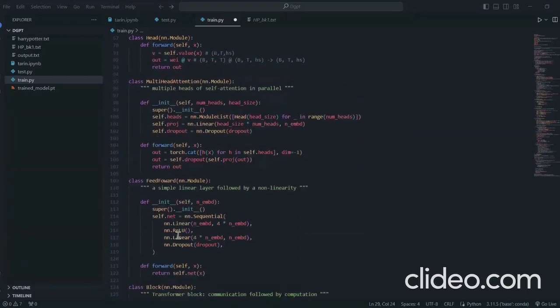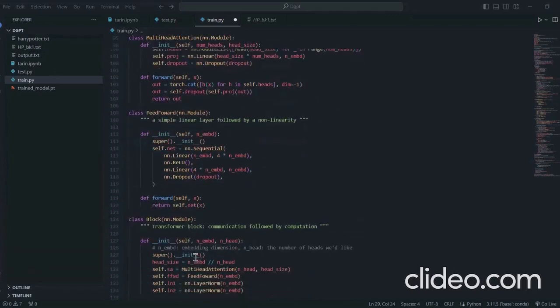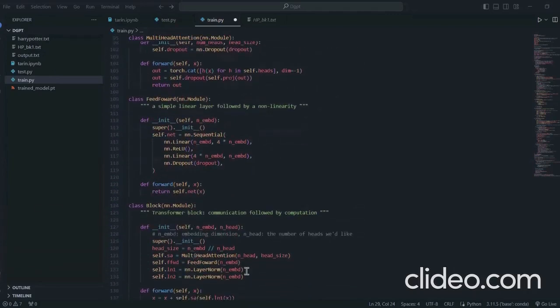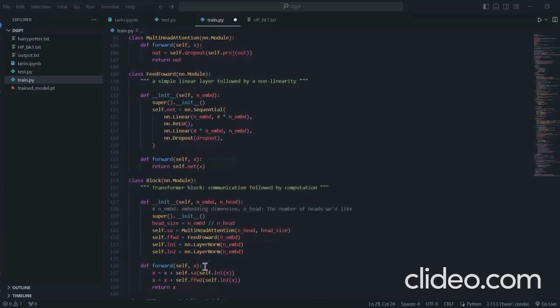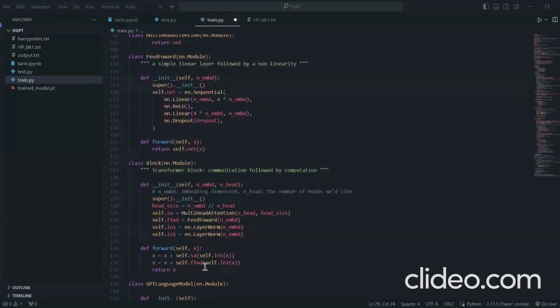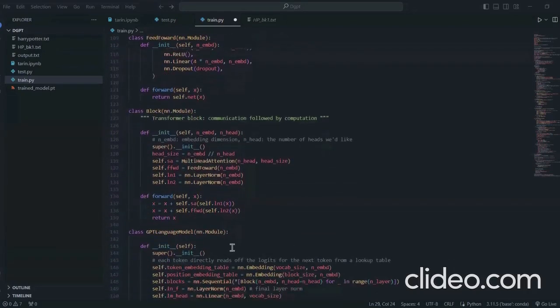Then comes the FeedForward class, a simple linear layer followed by a non-linearity, which is applied after self-attention in the transformer architecture. Next is the class Block, the transformer block, which consists of a layer of multi-head self-attention followed by a feed-forward neural network.